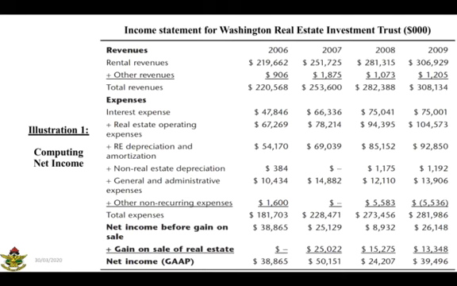Washington REIT, with a ticker symbol of WRIT, was created as one of the first REITs in 1960 and owns office, retail, and residential property in Washington, D.C.